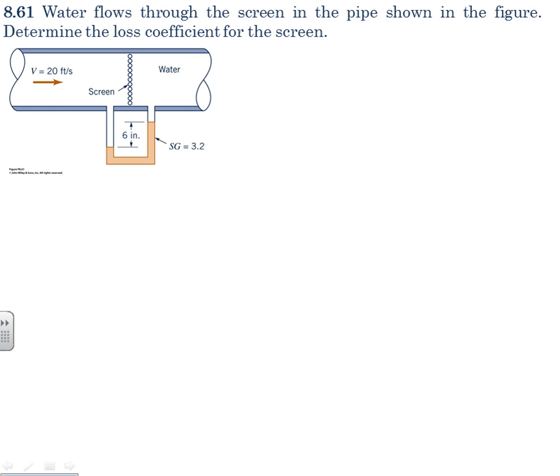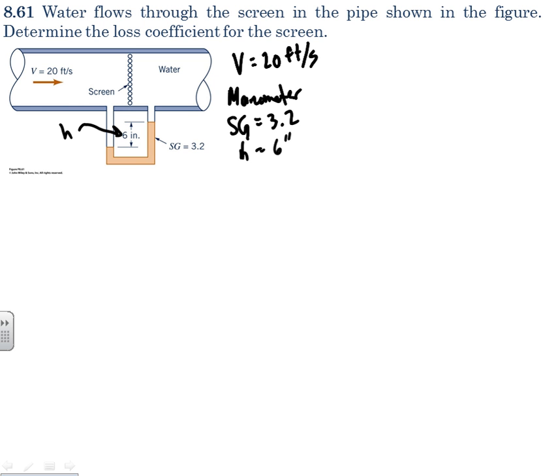Alright, so let's jot down some of our givens. We're told we have a velocity of V equals 20 feet per second. We have a manometer, and the manometer has a fluid which has a specific gravity of 3.2, and there's a differential height in that manometer of 6 inches, which is equal to 6 over 12 feet, which is equal to 0.5 feet.